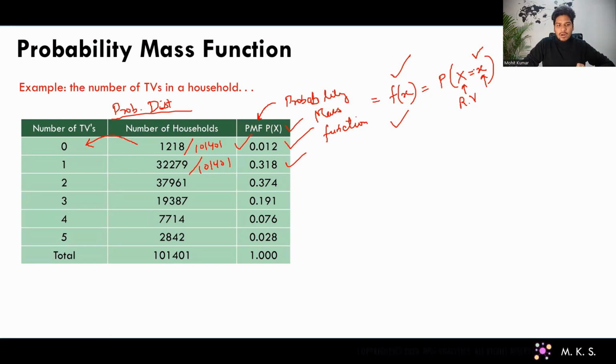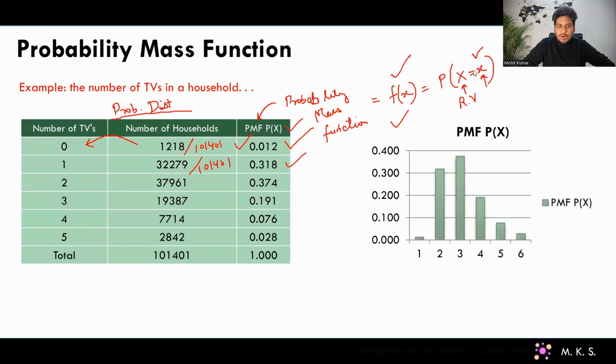Now generally we can create a bar plot, a kind of bar chart or histogram, that tells you about the frequency of your data. At value 1 we have almost 0.01, the proportion of households with one TV. Similarly for value 2 you have almost 30%, that is 0.3.